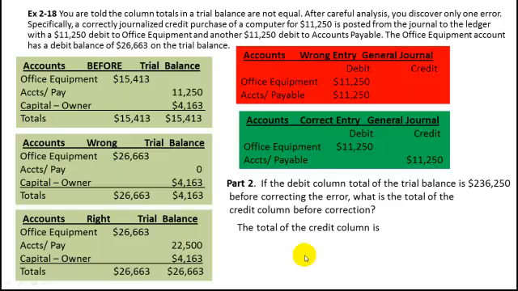So the total of the credit column is $213,750, and that is simply taking whatever they told us the debit side was, subtracting off $22,500, the difference between here and here. If this $236,250 was up here, then this number would have been $213,750.